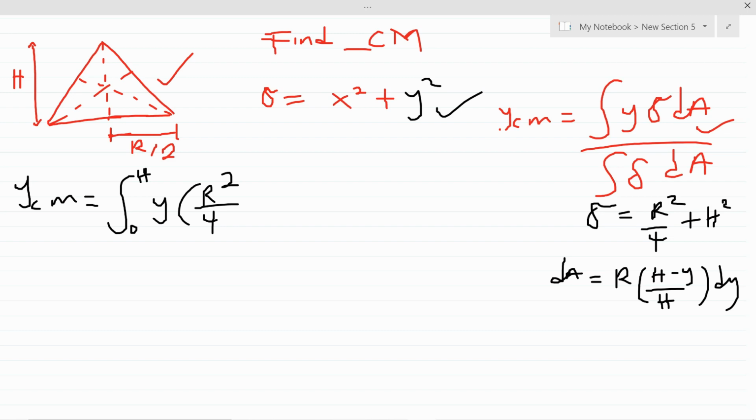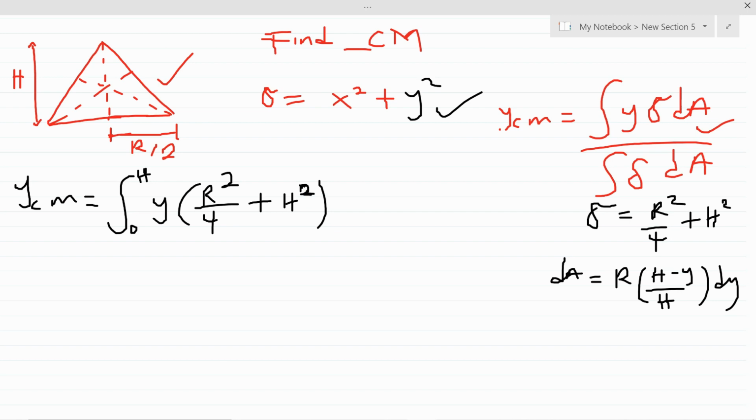And at that point we said that the maximum y will be h, and the maximum x, depending on the right angle triangle that we drew, was r over 2. Okay, so if you square them, we'll get our sigma, which is our density.